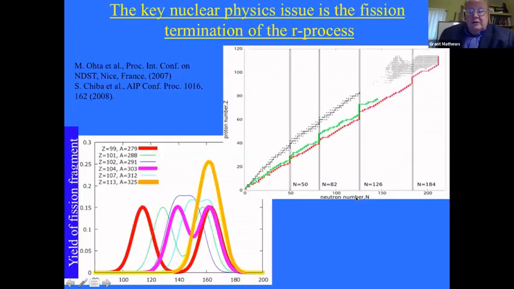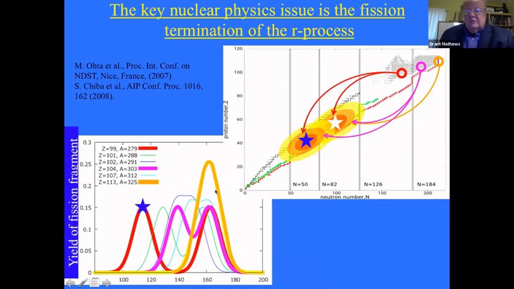Taka showed this figure. Depending upon where you terminate the R process as you move up this path, if it's at very heavy nuclei, you can get a symmetric distribution shown like this in the mass distribution. If it's lighter, you could get an asymmetric distribution shown here.